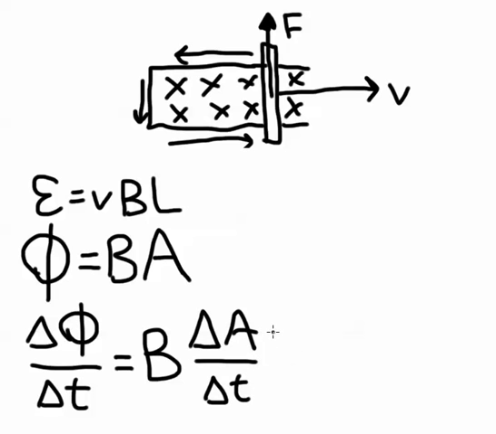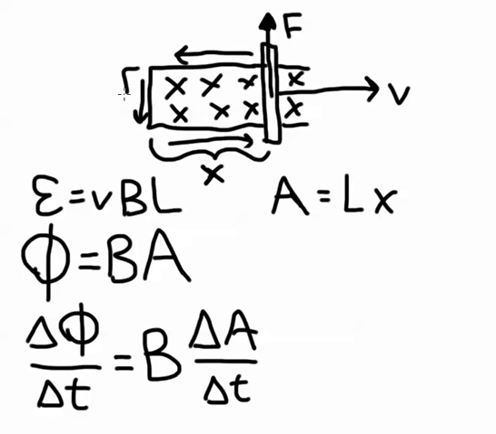Well, the area is equal to the length of the rod times x, where this is x. So this is L, and this is x, and if I multiply them together, I get the area.